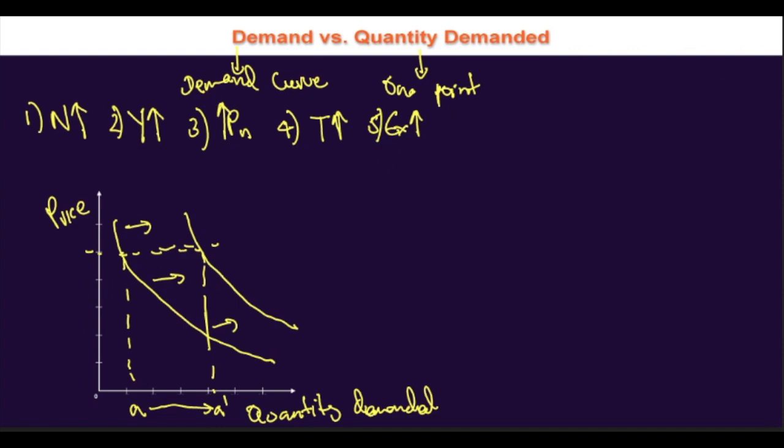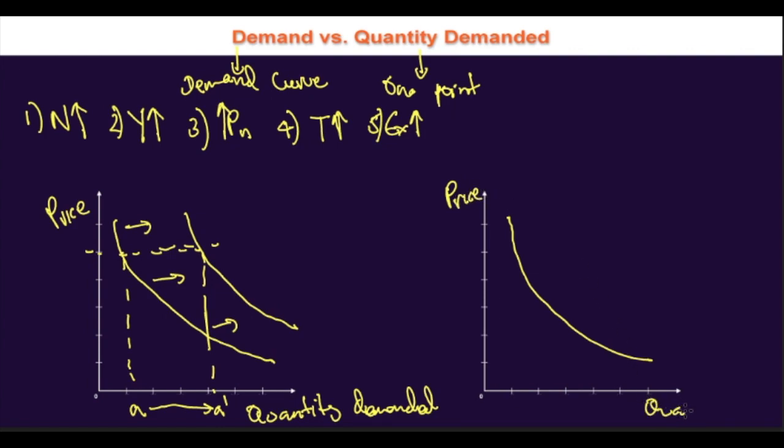However, if you look at an increase in quantity demanded, it is slightly different because the curve doesn't shift itself. So this would be price and quantity demanded. Quantity demanded is one particular point, one particular price point, and the only reason the quantity demanded is going to increase is when the price is going to drop.